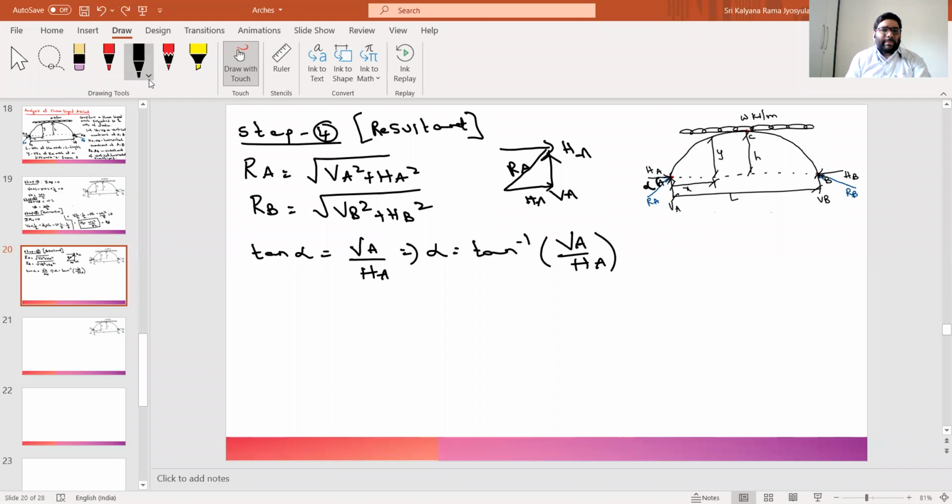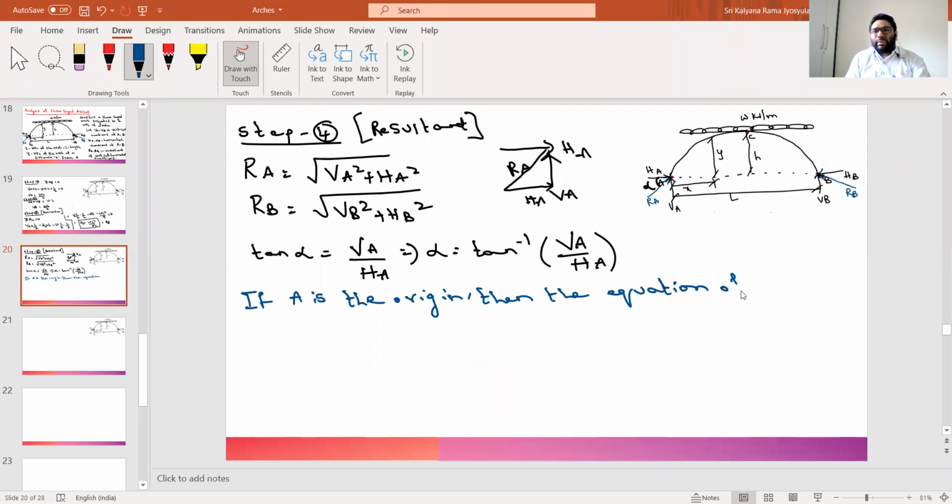If A is the origin, then the equation of parabola, because this is a parabolic arch, is given by y is equal to cx into L minus x. So with A as origin, the equation of parabola is given by y is equal to cx into L minus x. This is an important step.